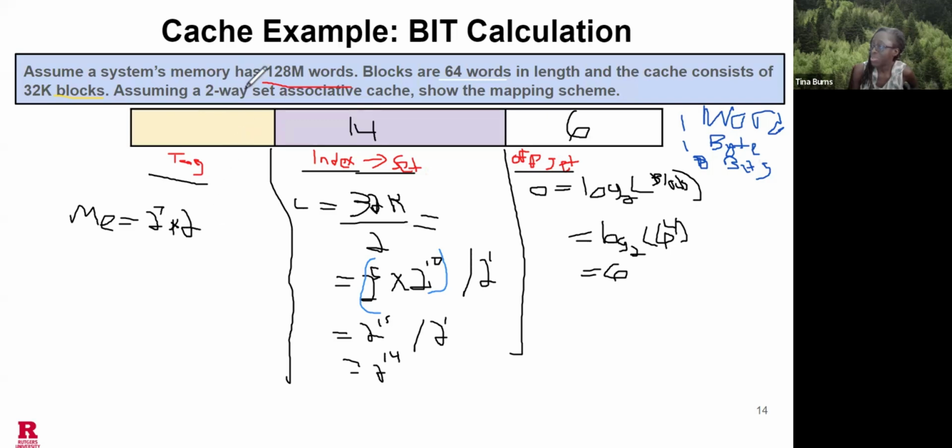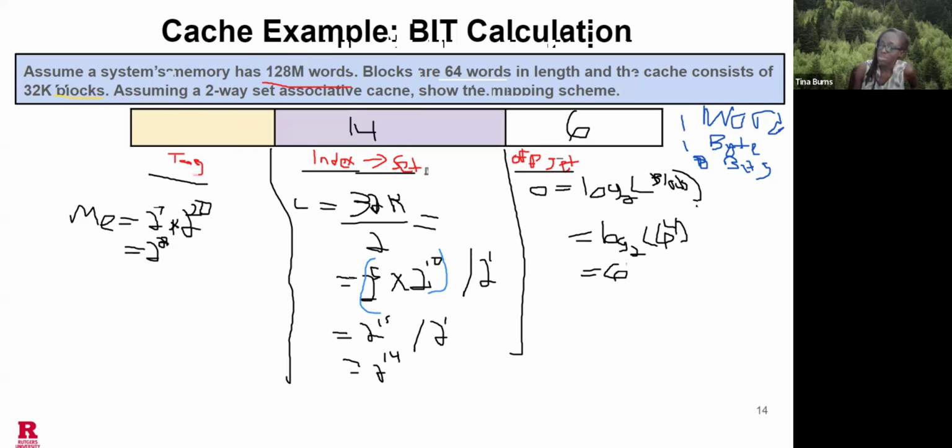Again, it's going to be 10 times 10. That's going to be 20. All right, so the number of bytes that I need for my memory, that total number is just going to be 2 to the power of 27, which means I would need 27 bits to represent those words. And this gives me the amount of bits that I need to represent each word in memory.